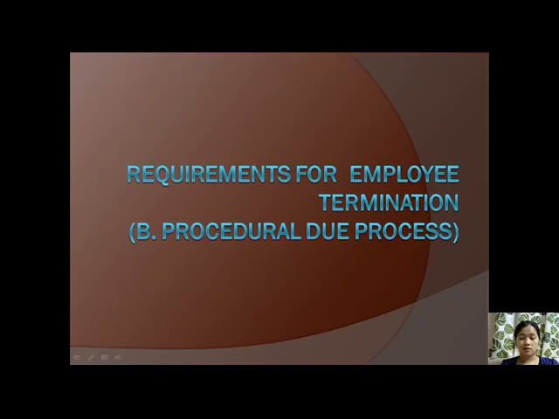So again, when you terminate an employee, compliance with substantive due process and procedural due process must follow. The two must be followed, not just one. Both of the processes must be complied with.